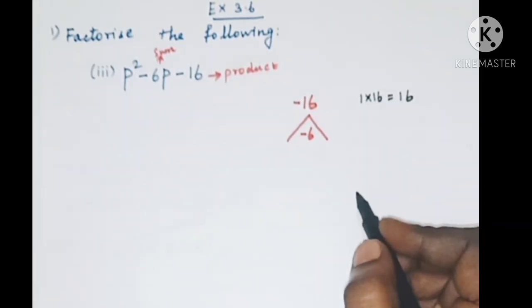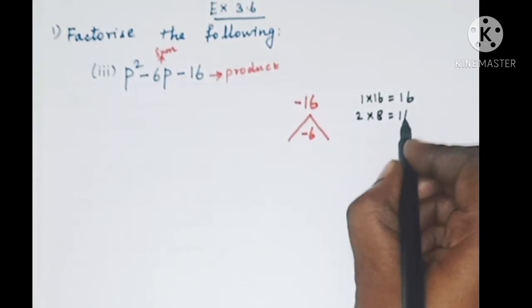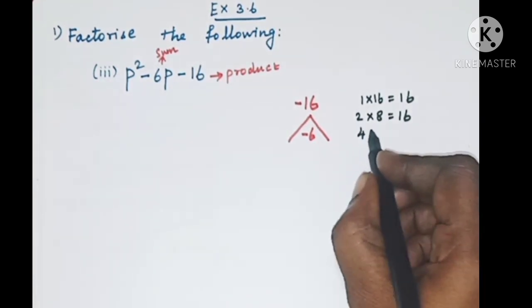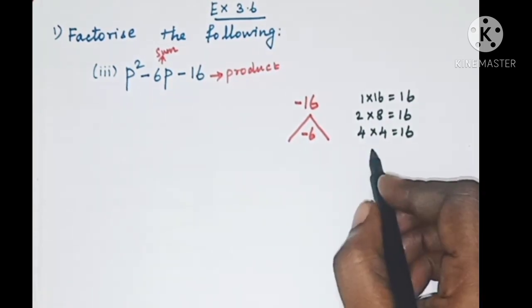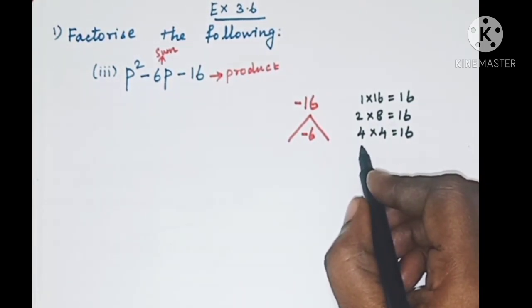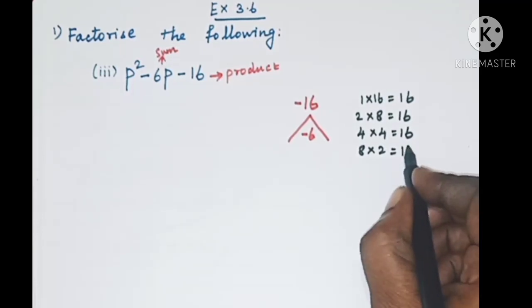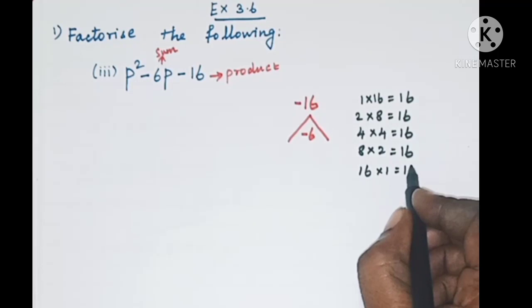Next is 2 into 8, 2 eights are 16. And next one is 4 into 4 is equal to 16. And then 8 into 2, 8 twos are 16, and 16 into 1 is equal to 16.